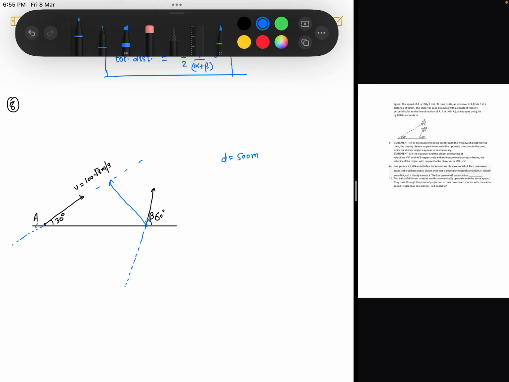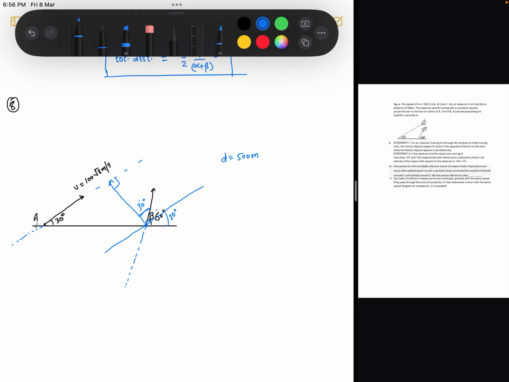aeroplanes A and B. So we will use the concept of relative velocity here. We will resolve the velocity of B in the direction of A and the direction perpendicular to it. This is the 90 degree angle, and this angle, let us suppose, is 30 degree, so this also will be a 90 degree angle.